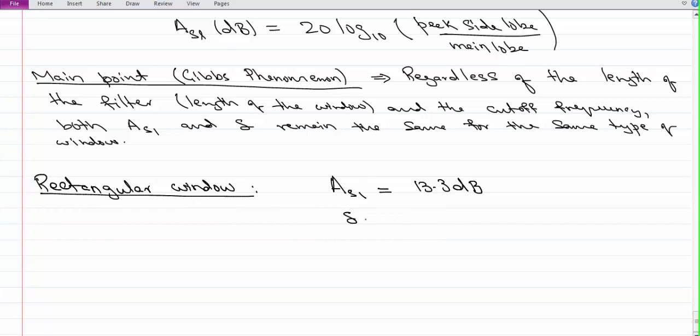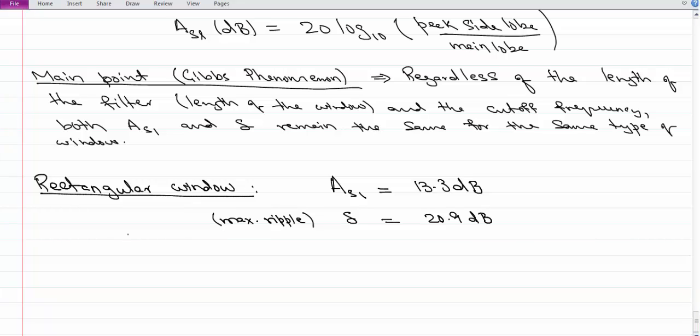And equivalently, the maximum ripple size, because the ripple is not constant, is always 20.9 dBs. Which means that it fluctuates, so the error is 20.9 dB from wherever you want it. If you are looking at 0, it's not going to be at 0. And if you're looking at 1, it's not going to be at 1. The maximum ripple size will be 20.9 dBs. Okay.